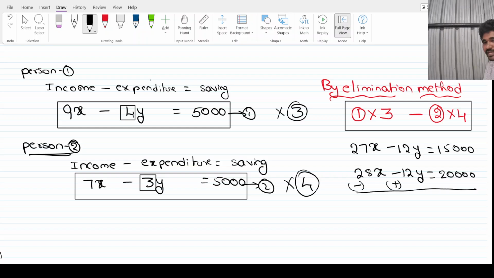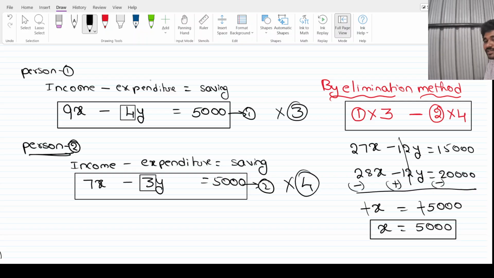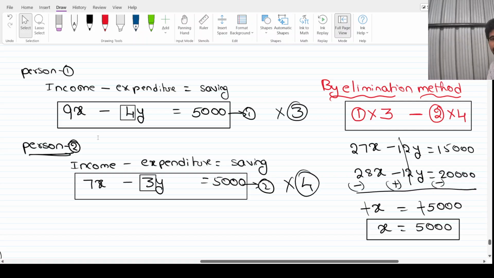Minus, plus, minus. Correct? 27 minus 28 how much? Minus x. Minus x, cancel. Minus 5,000, minus minus cut. x is equal to 5,000. Since he asked only income, x is sufficient for me. I don't need to do it for y. Clear?